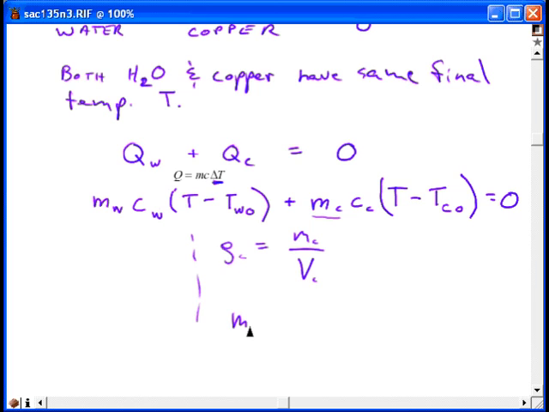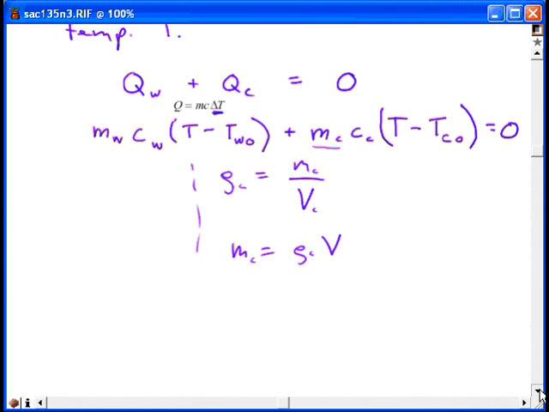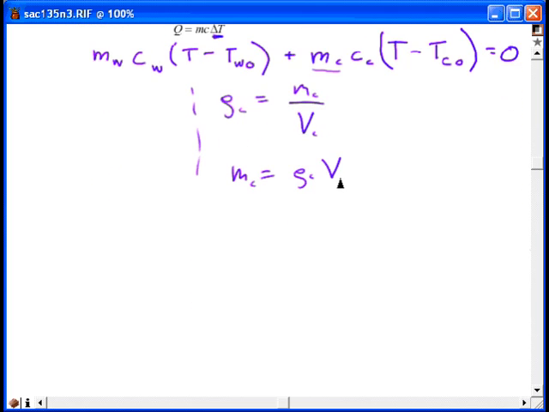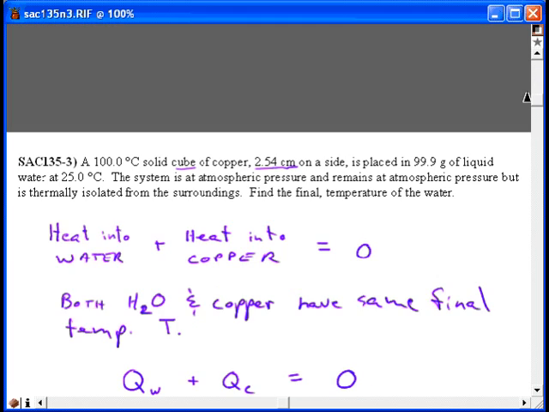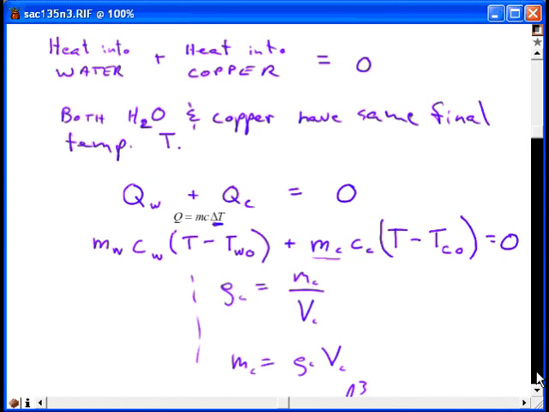So the mass is just the density times the volume. It's the Greek letter rho. And the volume of a cube is just the cube of a side length, where I'm defining this to be L. And that's 2.54 centimeters, or 0.0254 meters.